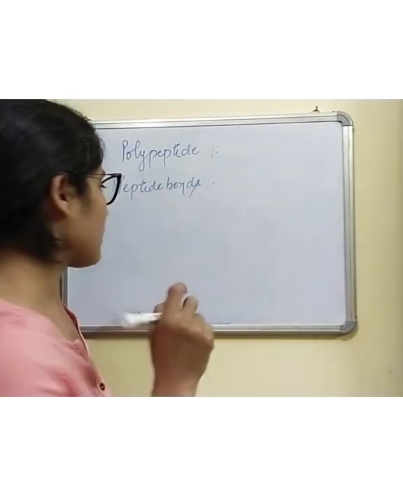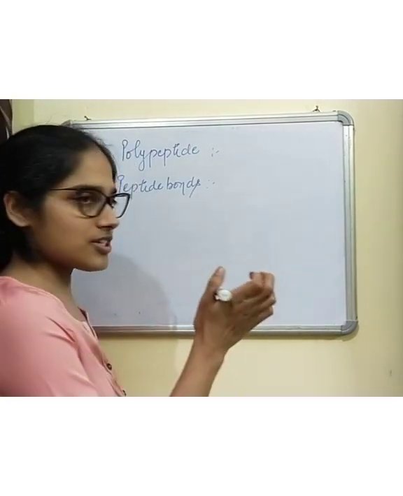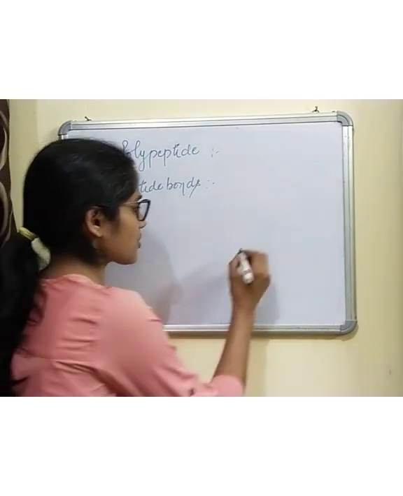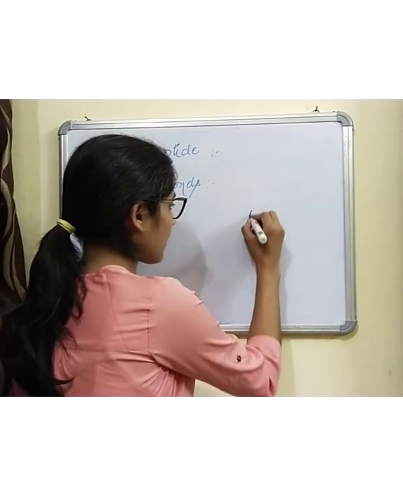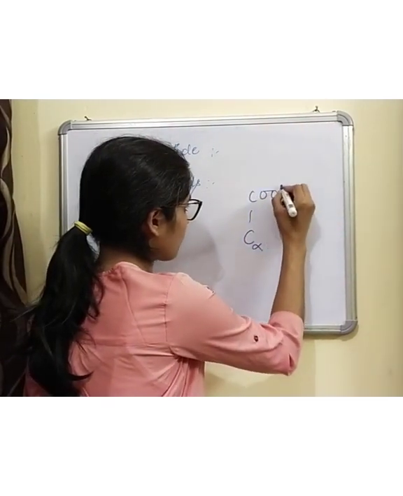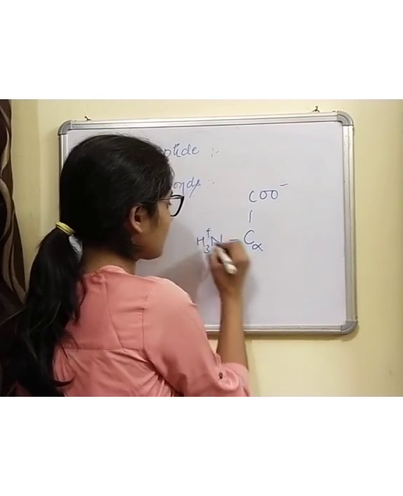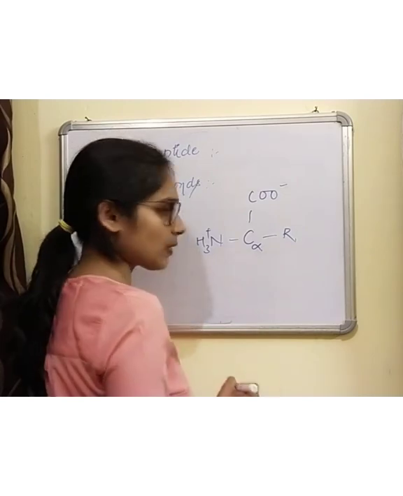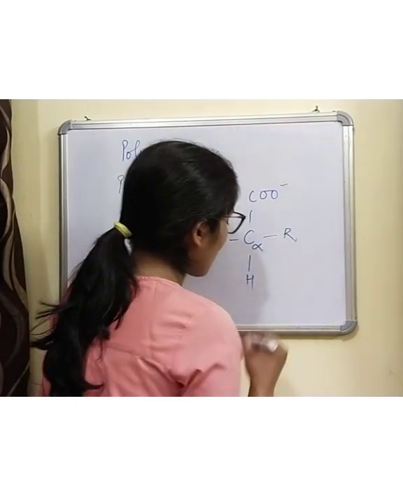So first, how is the peptide bond formed? If you remember the general structure of an amino acid, it has a central alpha carbon atom, a carbonyl group, an amino group, an R group which is variable in all 20 standard amino acids, and a hydrogen atom.